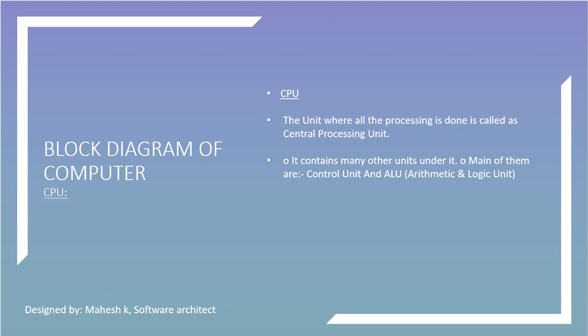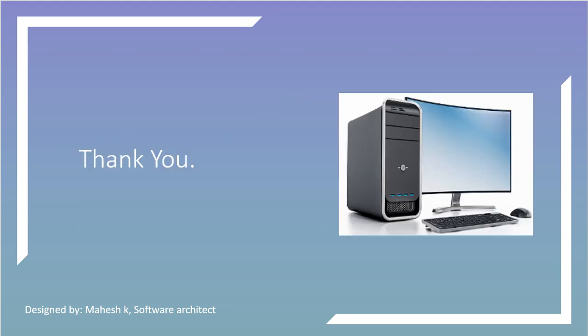It will process the instructions, and store them either in primary or secondary storage. It will pass the information to the output device to display the data and the end result to the end user. It contains many other units under the CPU. The main of them are the control unit and the ALU. Okay, so this is the block diagram explanation of the computer.